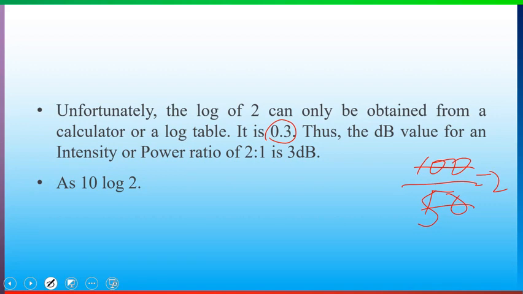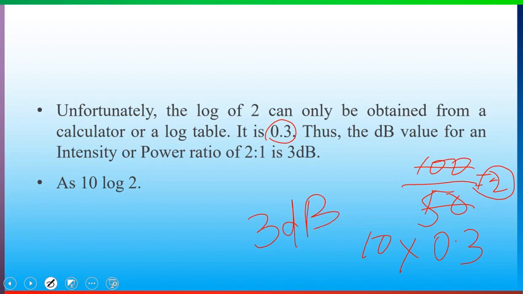So that log could be converted. If the change is occurring in intensity or power, then we'll multiply this 0.3 with 10, and 0.3 multiplied by 10 is equal to 3 decibel.